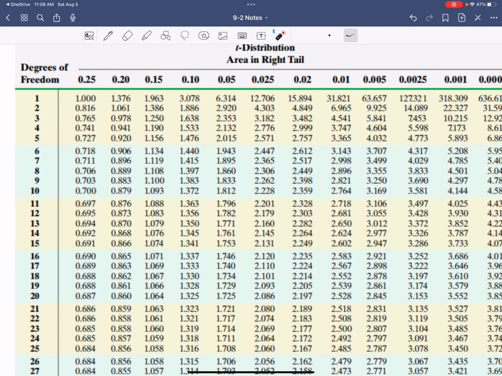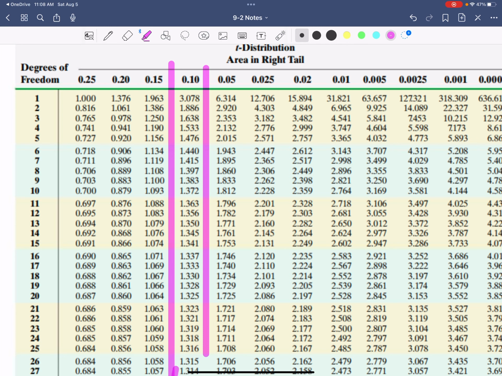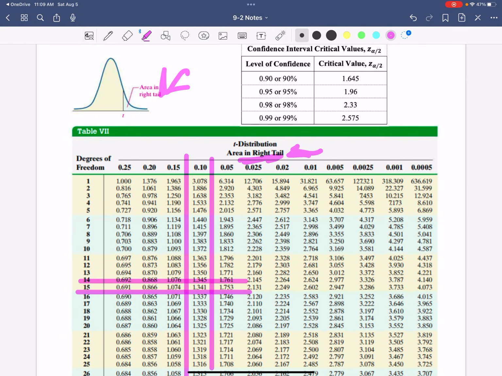So right here, in our t distribution, is my 0.10 because that's what it had there. And I have 15 degrees of freedom. 1.341. All right, that's the area in the right tail for my degrees of freedom, which impacts my t distribution. And then there's my little graph, right?